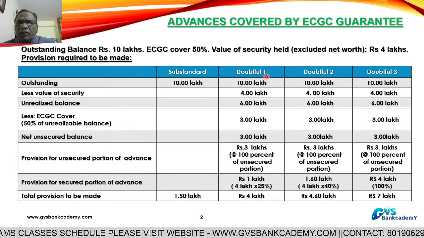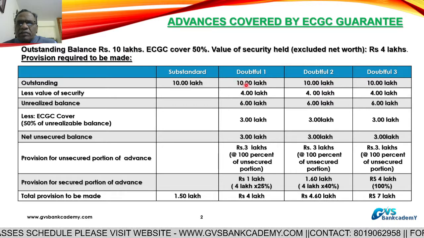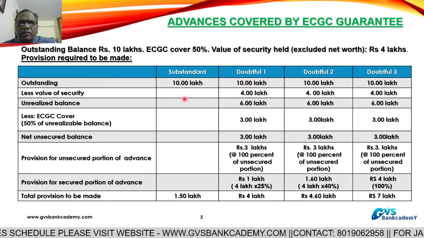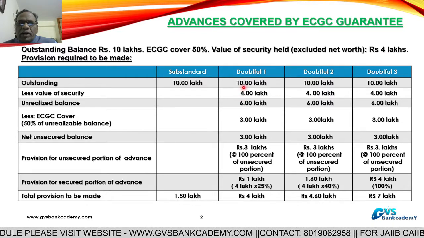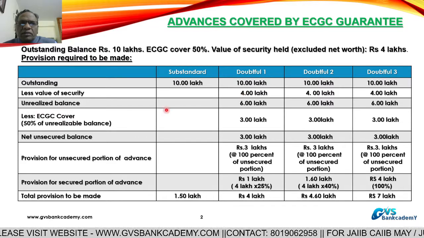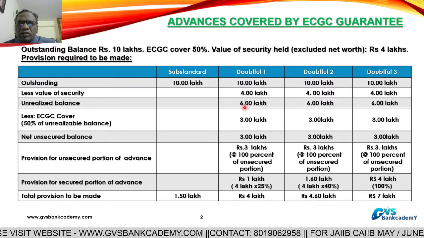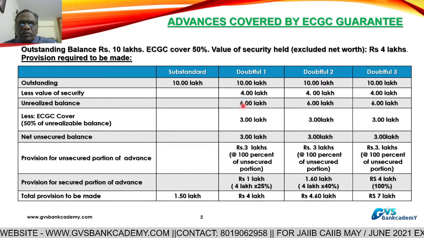Now, if the account is in the doubtful category, meaning the second year of NPA, what is the provision? The outstanding balance is 10 lakhs, less value of security 4 lakhs. The unrealizable balance after adjustment of security is 6 lakhs.